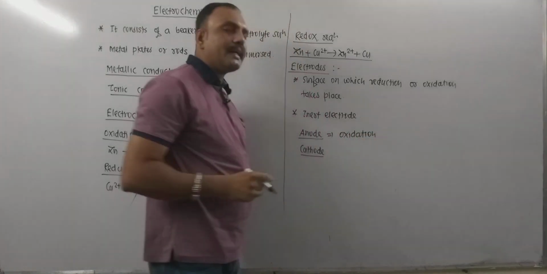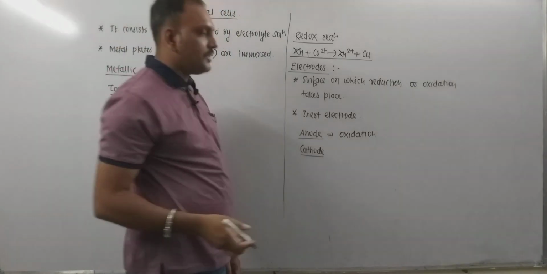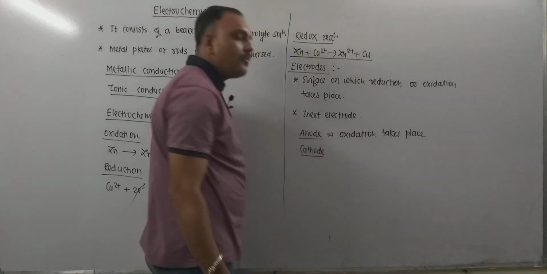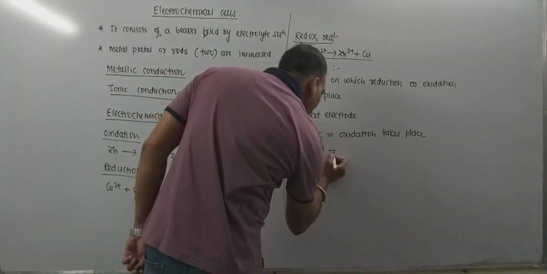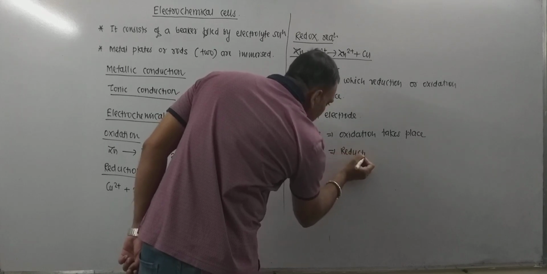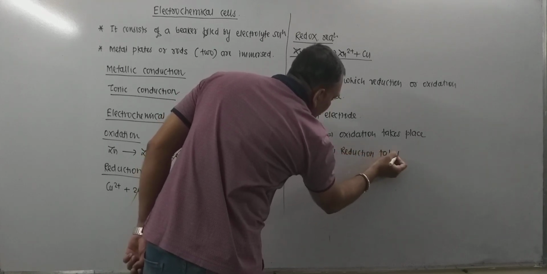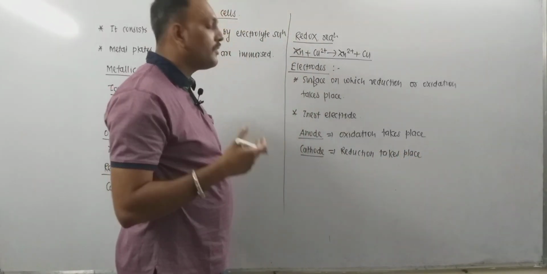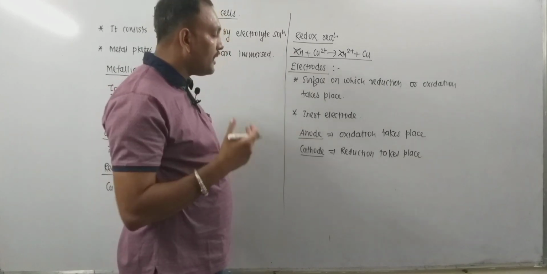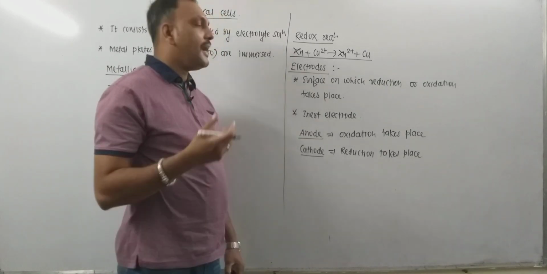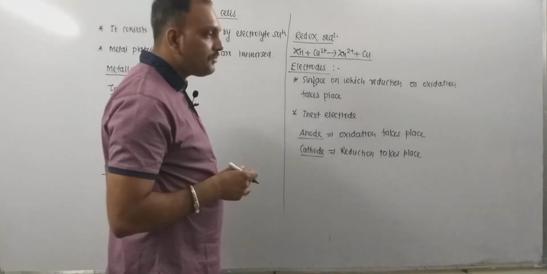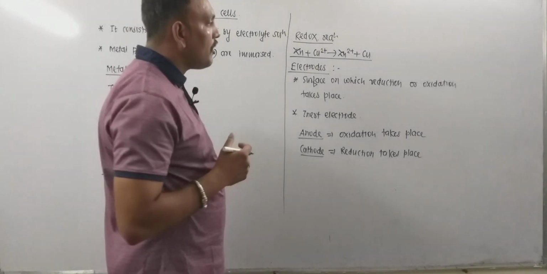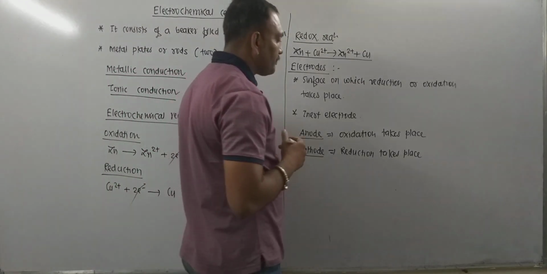I mean the electrode at which oxidation takes place is said to be the anode, and the electrode at which reduction takes place is said to be what? Cathode. I mean cathode is the reduction half cell and anode is the oxidation half cell. When we couple two electrodes, then a formation of cell takes place.